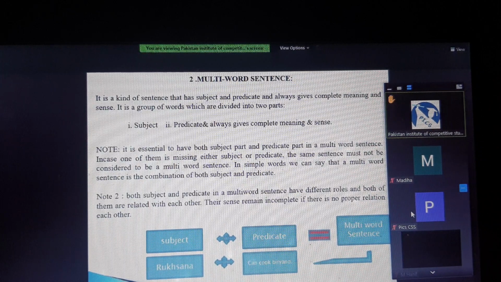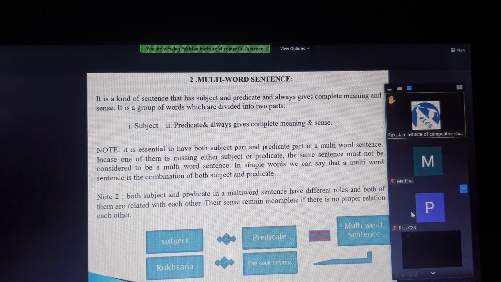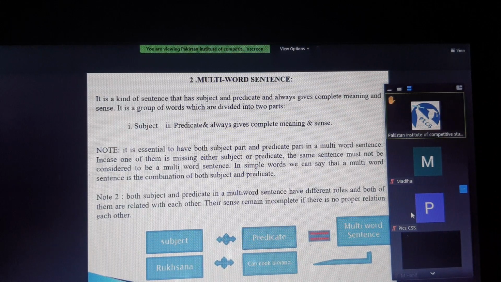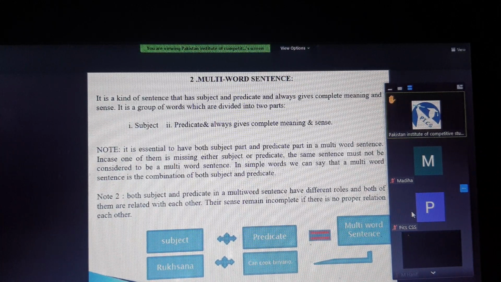For a multi-word sentence, you have to make sure that you have got both of them. You must have subject in it, you must have predicate in it. अगर subject होगा और predicate नहीं होगा, it will not be a multi-word sentence. इसी तरह अगर predicate होगा और subject ना होगा, it will not be a multi-word sentence.